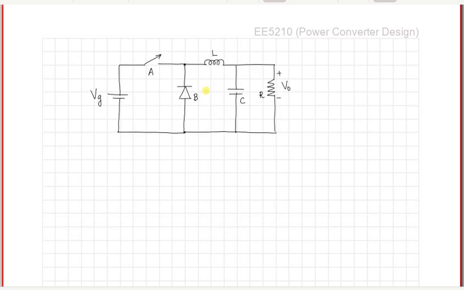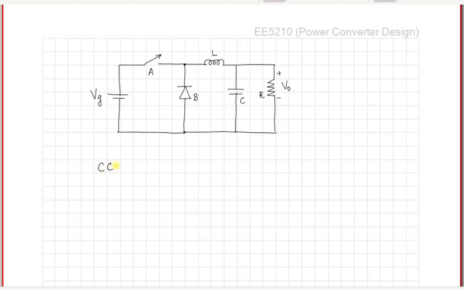And then, using the principle of inductor volt-second and capacitor ampere-second balance, we could analyze the behavior of this converter at steady state conditions for both the continuous conduction mode, where the current through the inductor would be a continuous waveform, and the discontinuous conduction mode, where the current through the inductor would occasionally go to zero in every switching cycle. Okay.